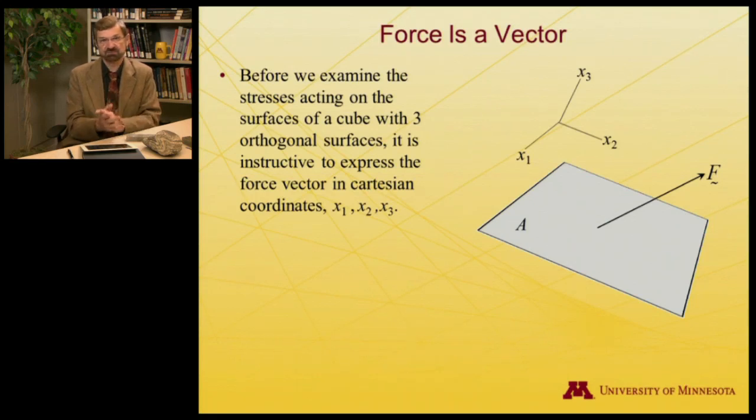Okay, we said before force is a vector, and one thing that's really useful to do before we move on and look at force on a three-dimensional object is just go back to looking at force on our surface and reference that force to a Cartesian set of coordinates. So I've set up a set of coordinates here in the upper corner.